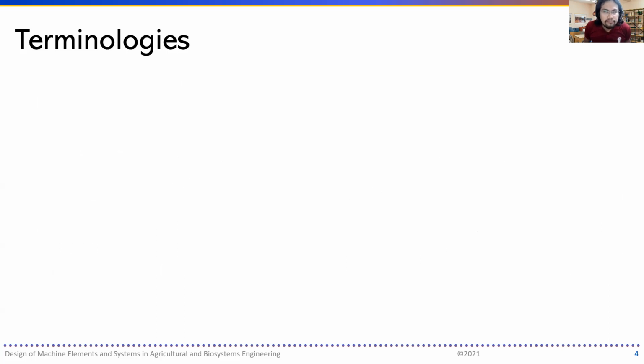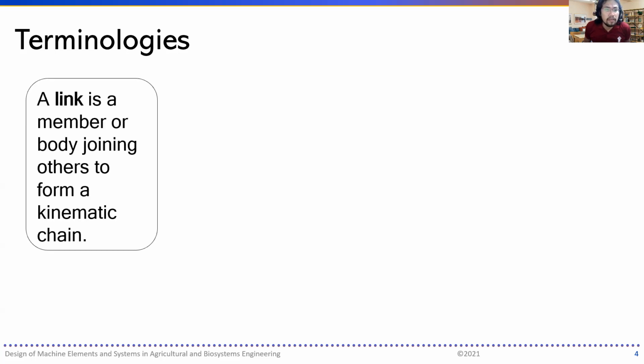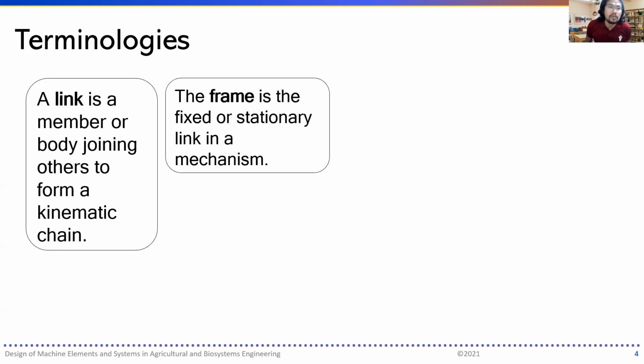Now let's go further into the terms involving machines. So you have a link, and that is a member or body joining others to form a kinematic chain. What is that kinematic chain? Now, let's go first to another specific kind of link, which is the frame, and this is the fixed or stationary link in a certain mechanism.